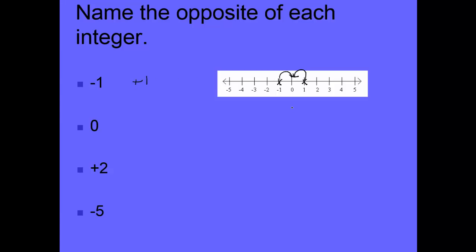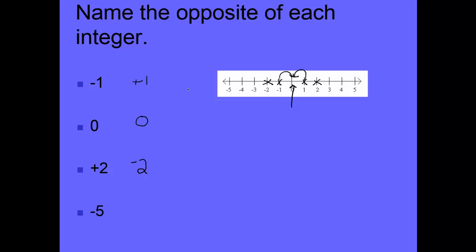What's the opposite of 0? Well, it's got to be the same distance from 0. Opposite of 0 is just 0. Opposite of +2? How far is +2 from 0? 2 units to the right of 0. Therefore, the opposite or the additive inverse of +2 is a -2. 2 units to the left of 0.